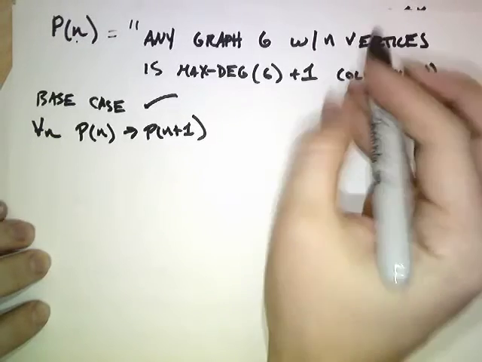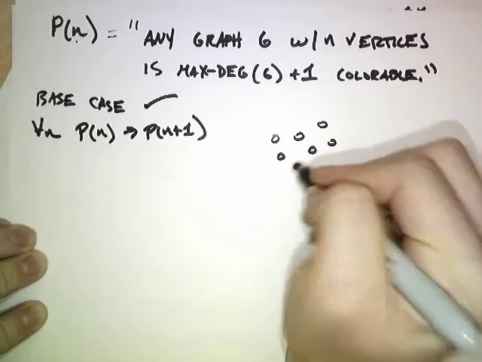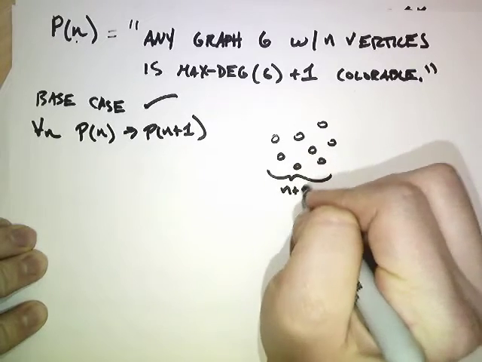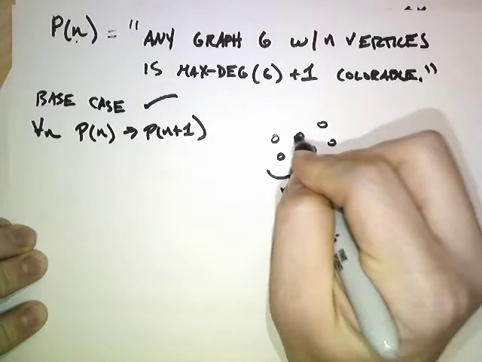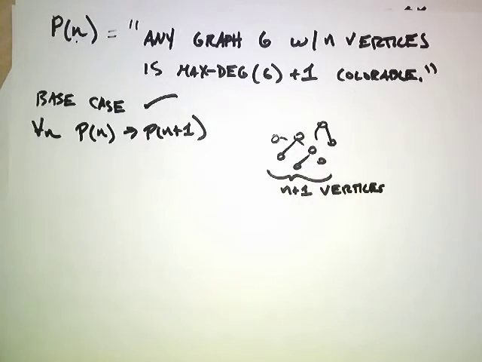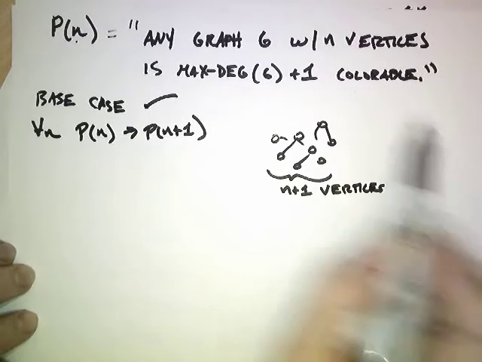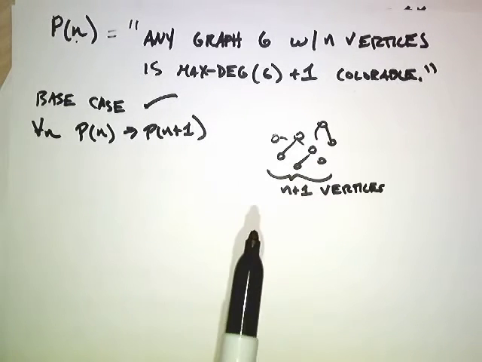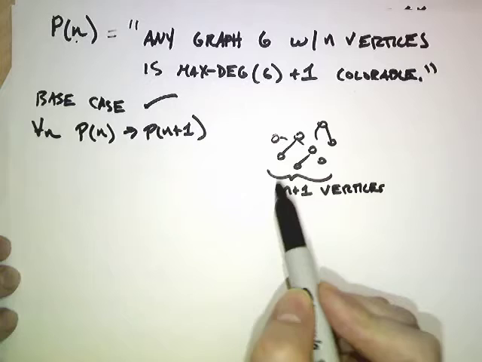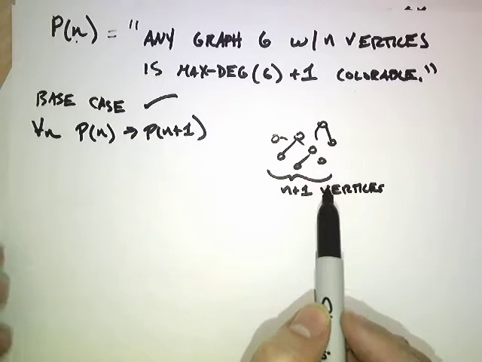So it's like you're given this graph with n plus 1 vertices, and you can use this fact that if you had given me a graph with n vertices, you could color it as follows, as a subroutine. Okay, so you have this subroutine, you can color graphs with n vertices. You want to know, given an arbitrary graph on n plus 1 vertices, how can I color it?